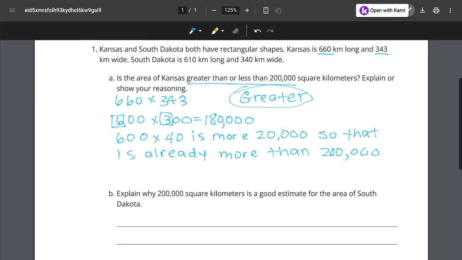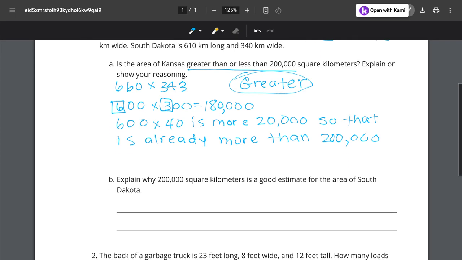Now, let's think a little bit about South Dakota. B says to explain why 200,000 square kilometers is a good estimate for the area of South Dakota. Remember with South Dakota, and I'm going to switch colors so we can see the difference here, South Dakota was 610 kilometers long and 340 kilometers wide.